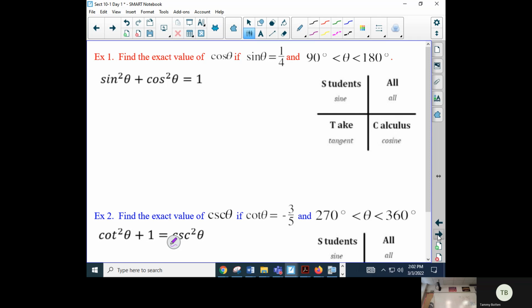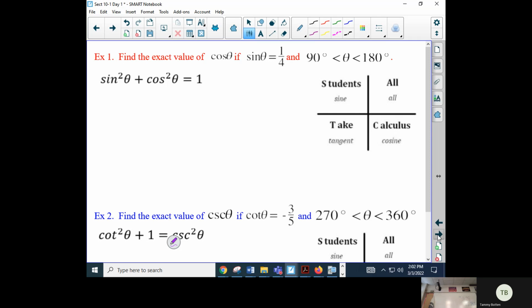So this is the first type of problem that you guys are gonna see. They're gonna ask you to find the exact value of cosine theta. When they say exact value, that means you can't put it as a decimal. You have to put it as a fraction. Sometimes you'll have a square root in there and you have to leave it in there.